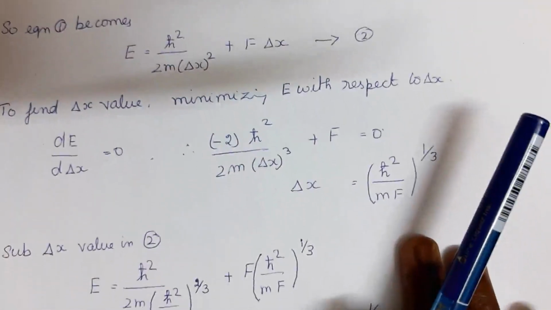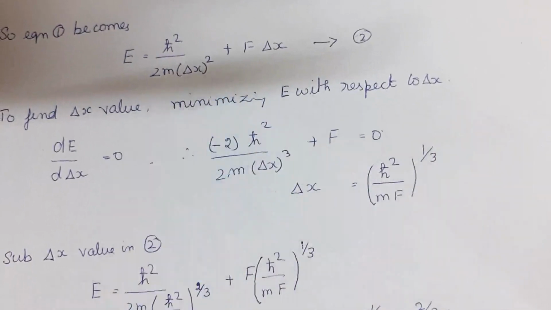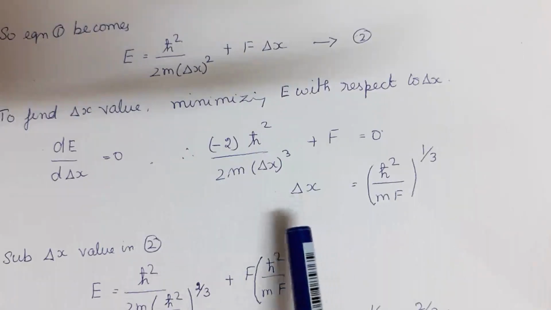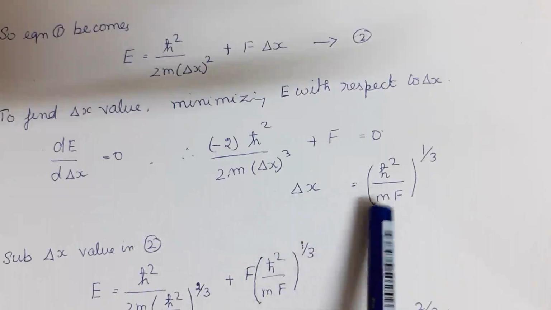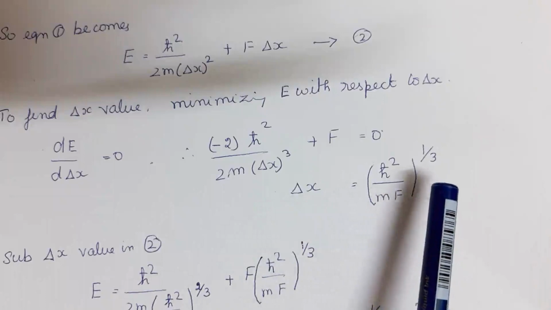Now we have to find the value of delta x and substitute in the above expression. For finding it, we have to minimize E with respect to delta x. That is, find the first derivative of E as a function of delta x and equate it to 0. Then we will be getting delta x as (h cross squared divided by mF) the whole power 1 by 3.